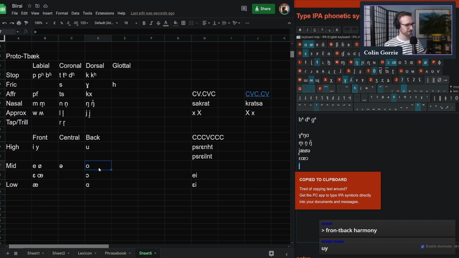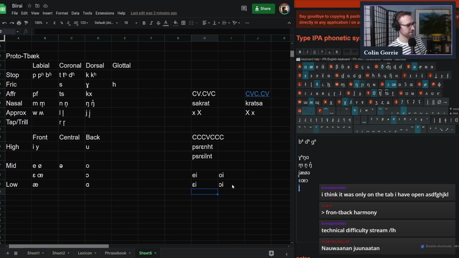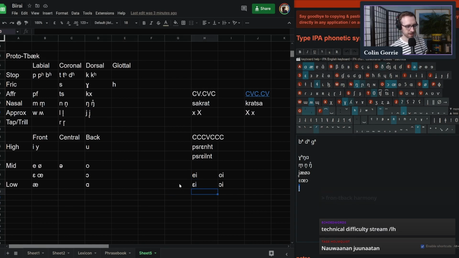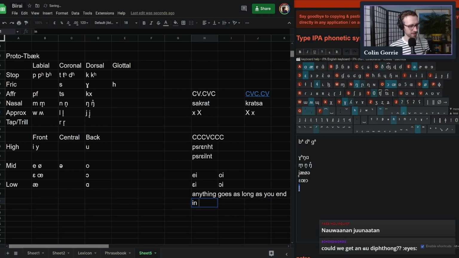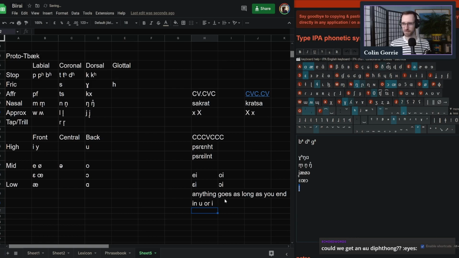I think that's kind of fun. And we could do oi and oi. Psreilt. Psreilt. So this is Proto-Tbæk. So our diphthongs are anything goes as long as you end in U or E. I think that's a good rule.